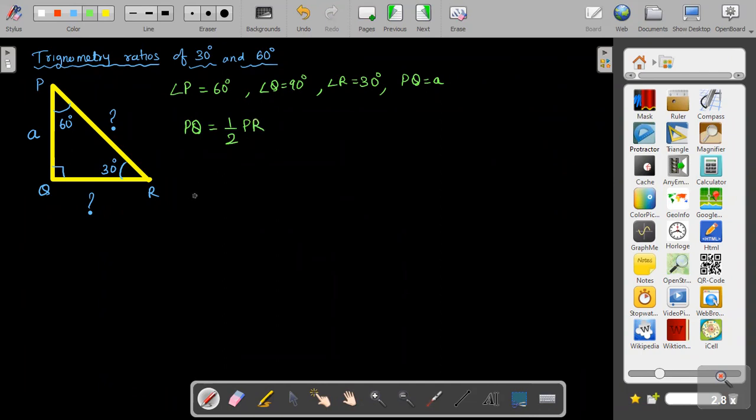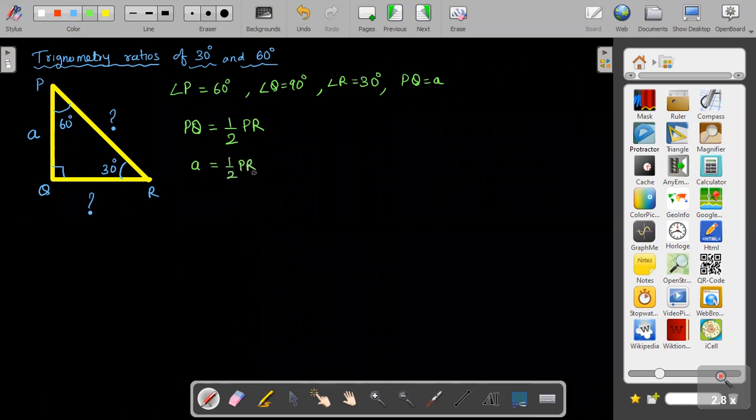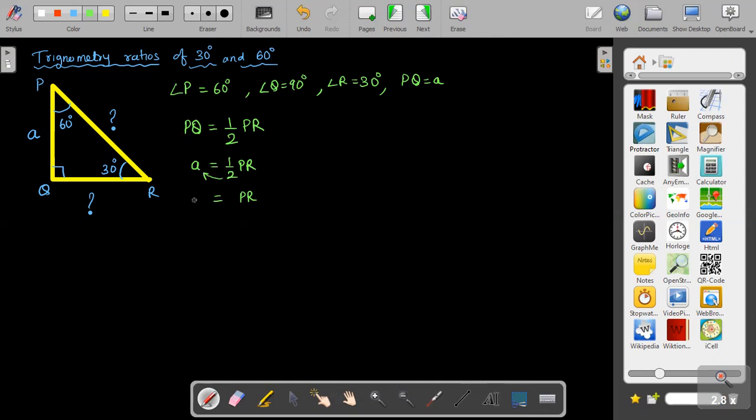Hypotenuse is PR here. Okay. PQ value is given to us A, half of PR. Now we can write what is value of PR. Correct? PR will remain here. ये 2 क्रॉस जाएगा और मल्टीप्लाई होगा यहाँ पे 2A होगा. Any doubt here? No, ma'am. Okay, so we understood that PR का value हमें मिल गया है 2A.